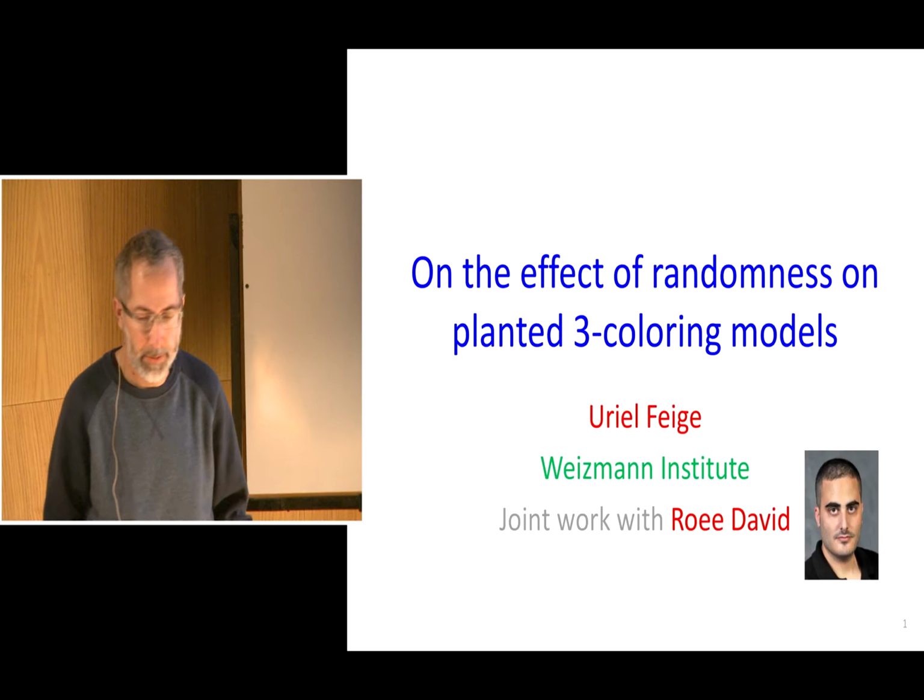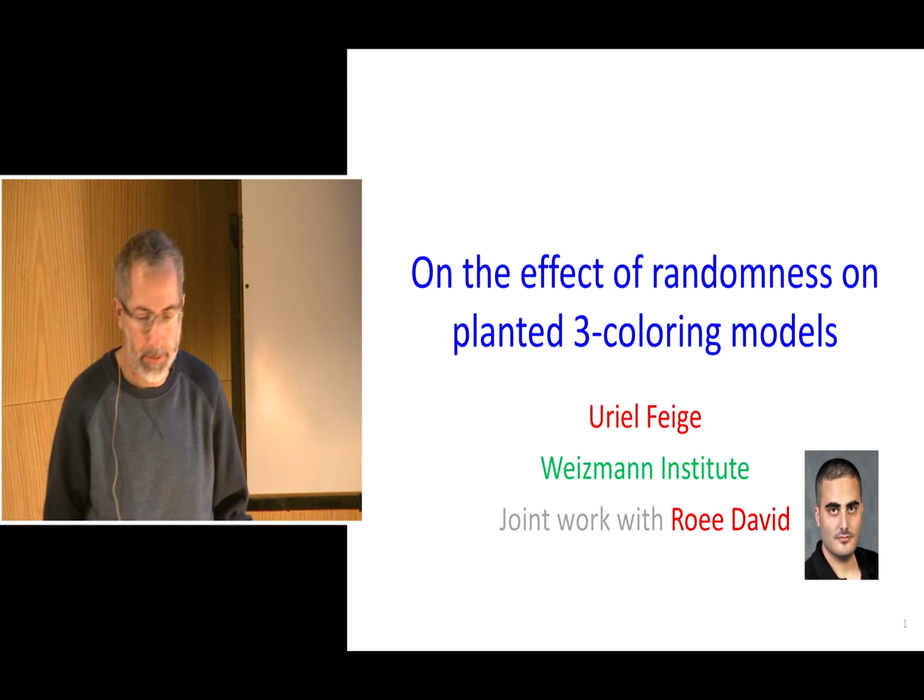As an extreme example, if an adversary who's out there to make life difficult for us is the one who chooses both the host graph H and the planted coloring P, then we can get arbitrary three colorable graphs, and since three coloring is NP-hard, we don't expect to have a polynomial time algorithm for coloring them, because then P would be equal to NP. So at the extreme end, we have the very difficult problems.